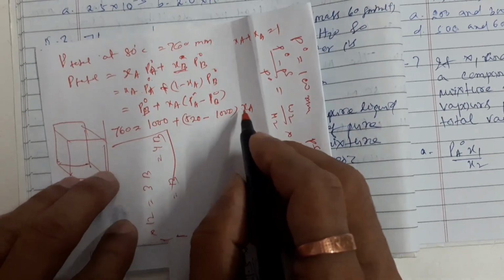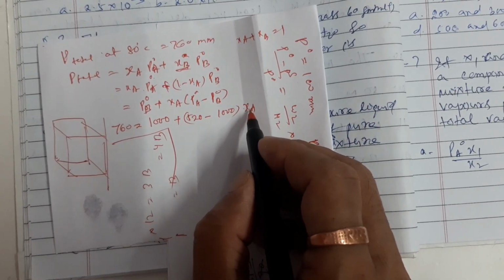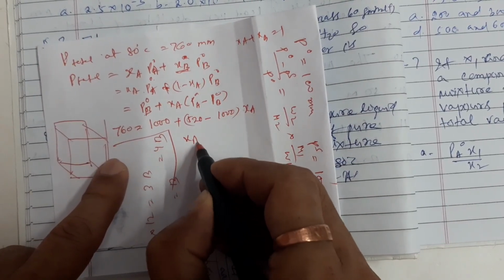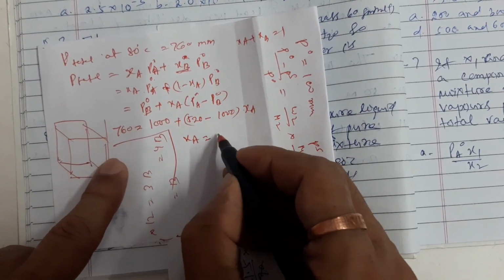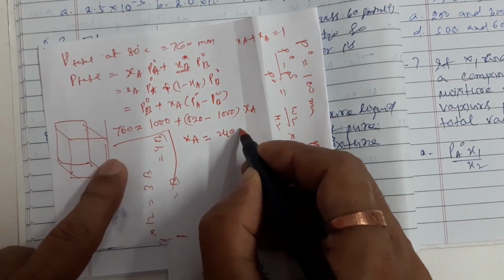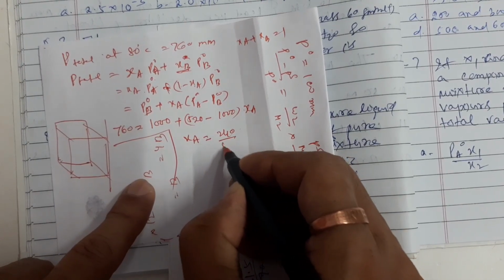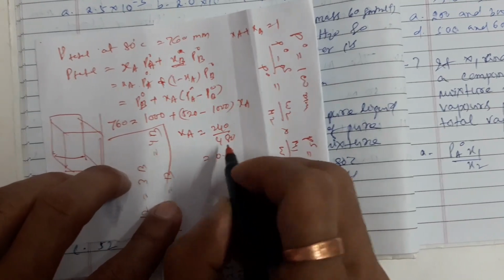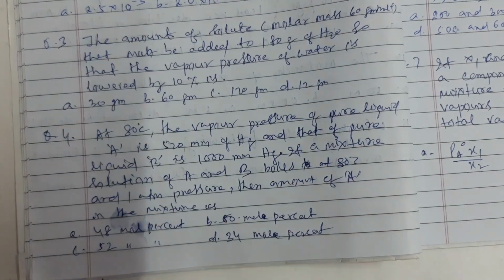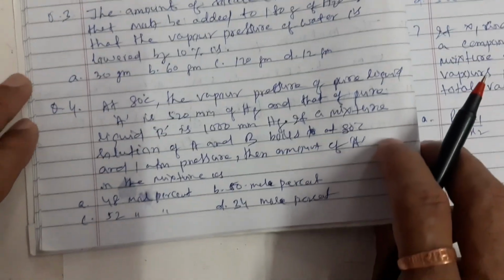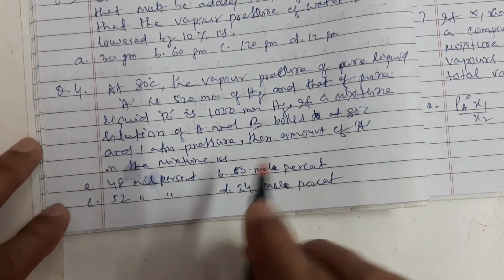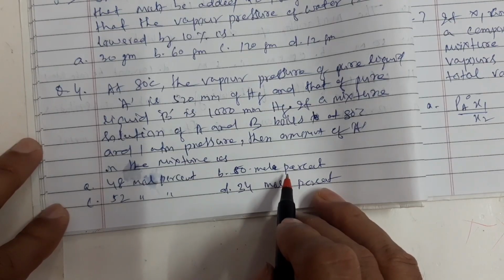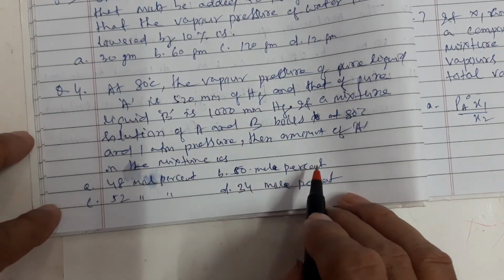So XA is equal to 240 by 480. Therefore XA is equal to 0.5. So the answer is 50 mole percent. Okay, so this is 50%.